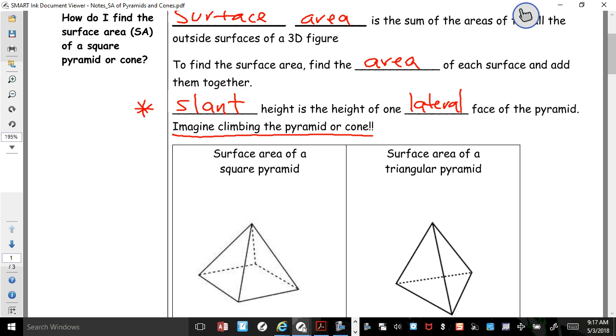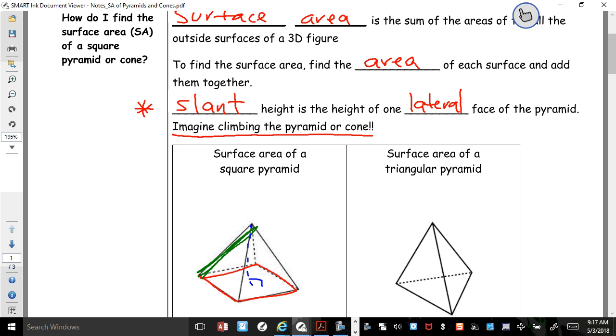So in other words, if this is the base, the surface area of a square pyramid, these are the shapes you're going to have. That's the base, and then the slant height would be that right there. The height of it is still from the middle down to the bottom there.